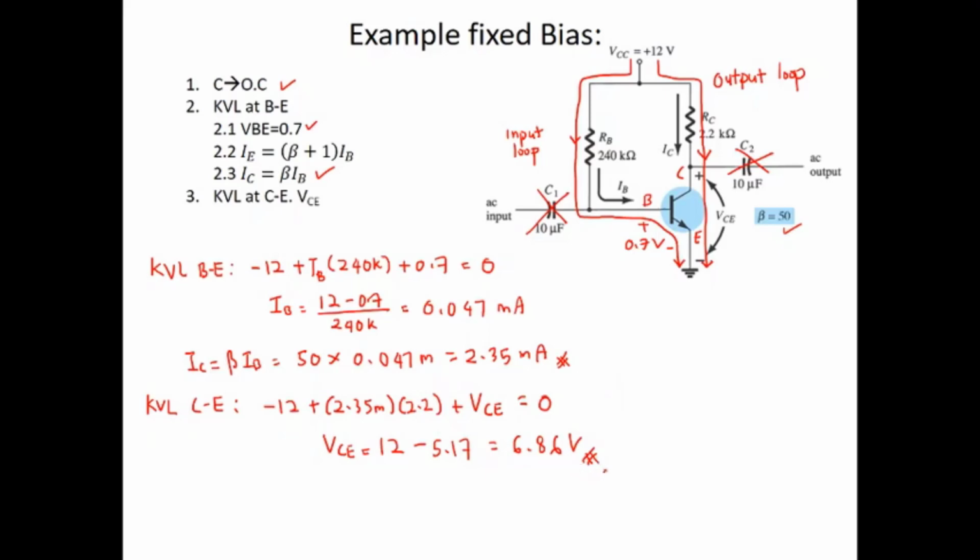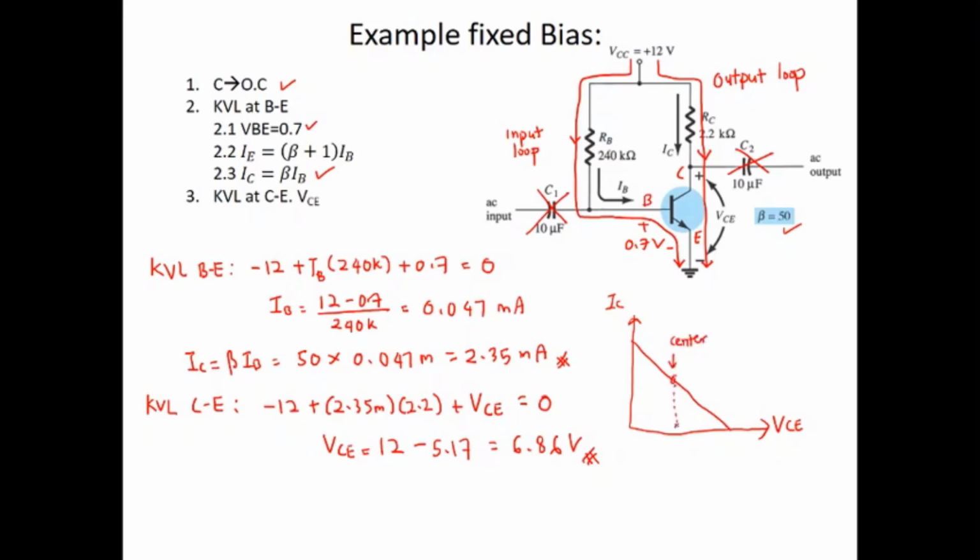And then, if you recall what we learned in the previous week on the load line, we have IC versus VCE. Ideally in this load line we want the Q point at the center of the load line.